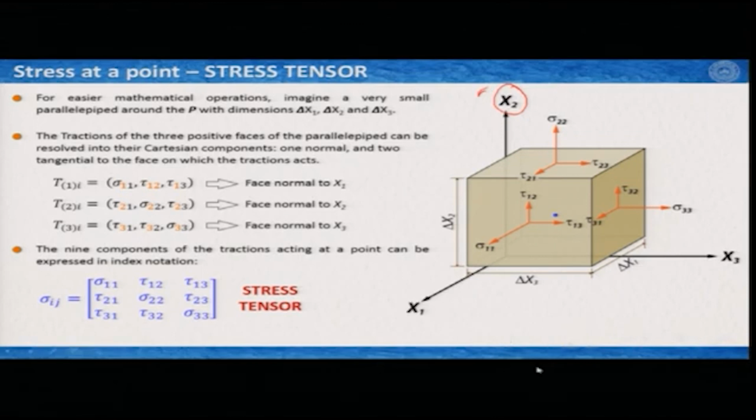So, if we now come back to what we have learned from traction: on each surface, in this case perpendicular to x1, I can write T1, that means the traction working on the plane which is perpendicular to x1, T3 for the traction working on the plane perpendicular to x3, and this one is T2.